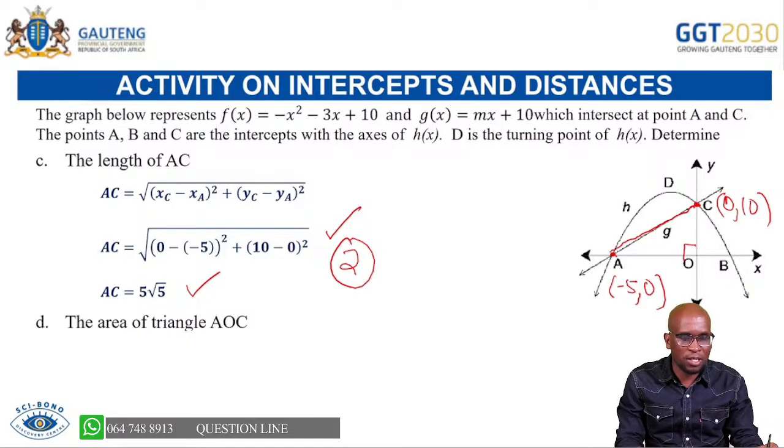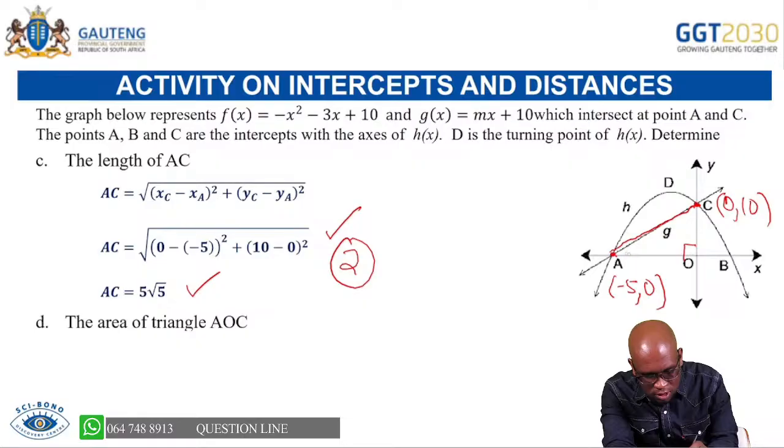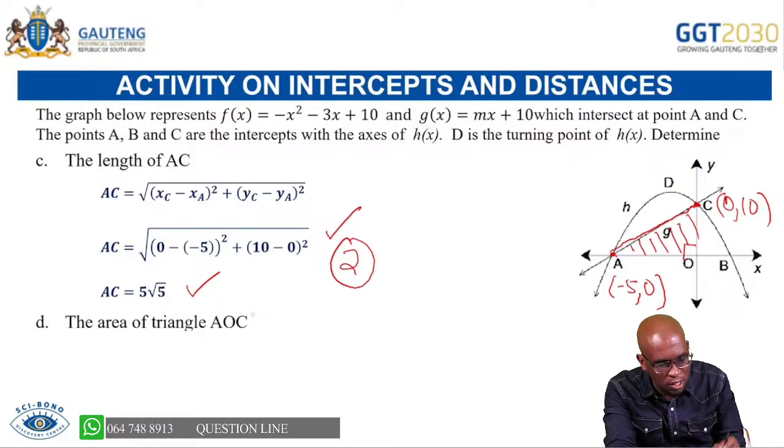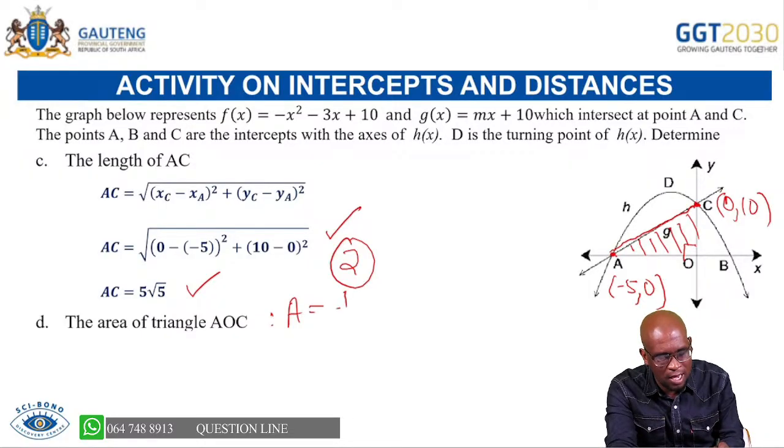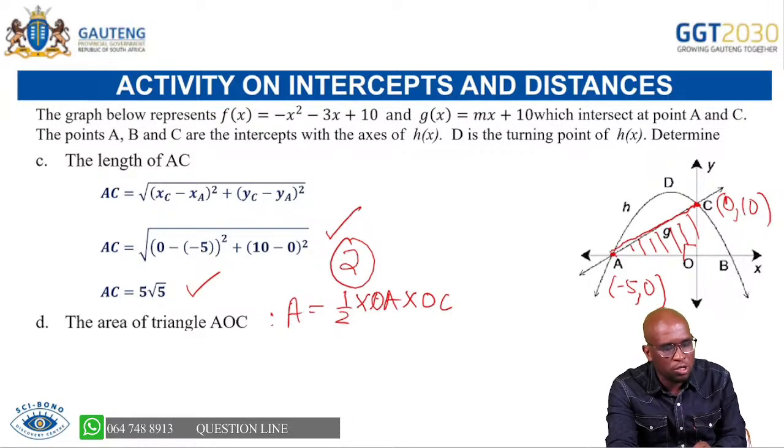Right, then let's look at the area of triangle AOC. The area of this particular triangle here that I'm shading, because this triangle is a right angle triangle, is half times the base. The base is OA multiplied by the perpendicular height, which is OC.